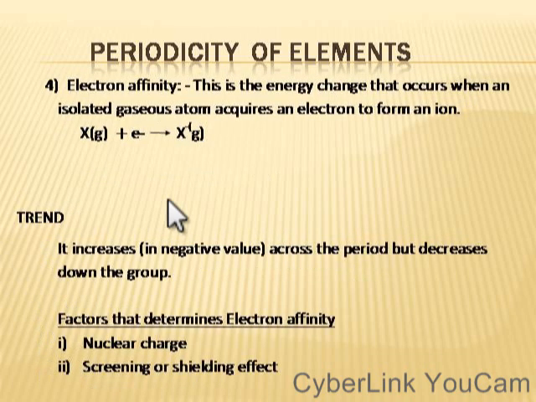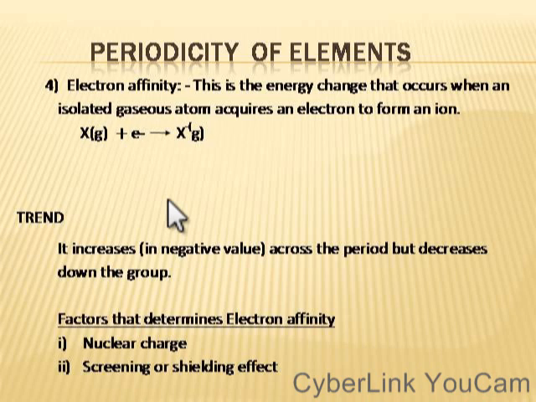The next one we are going to look at is the electron affinity. The electron affinity is the energy change that occurs when an isolated gaseous atom acquires an electron to form an ion.